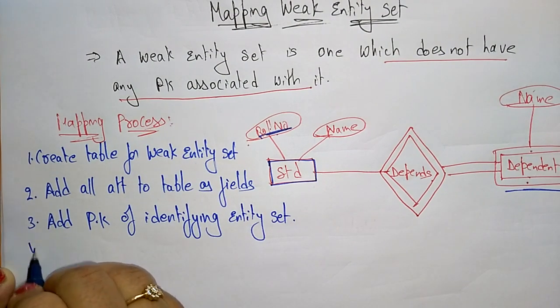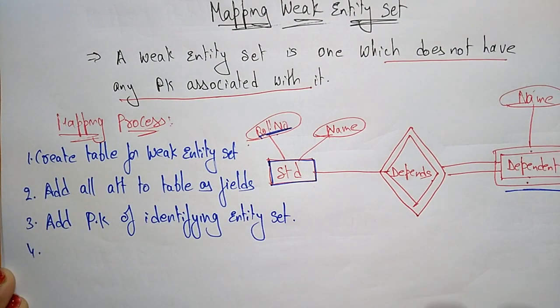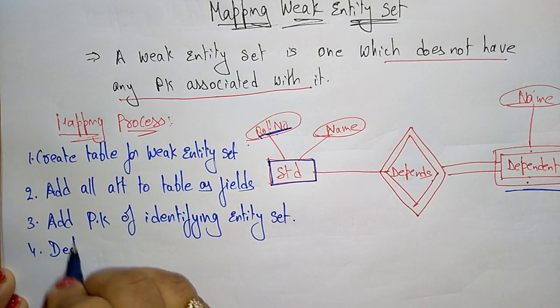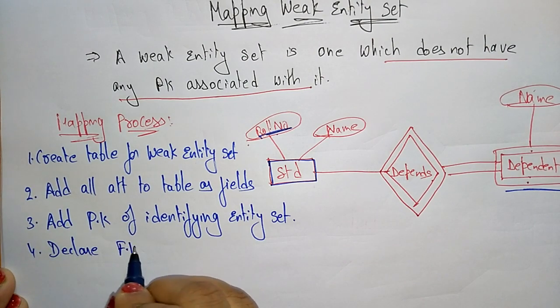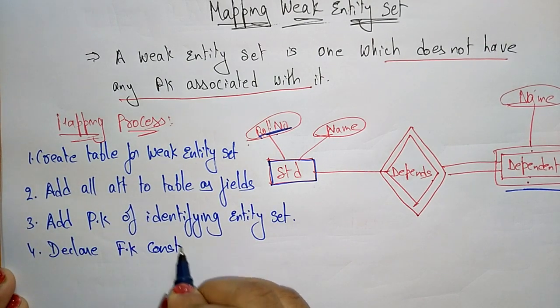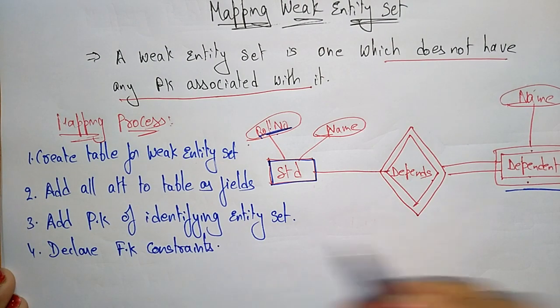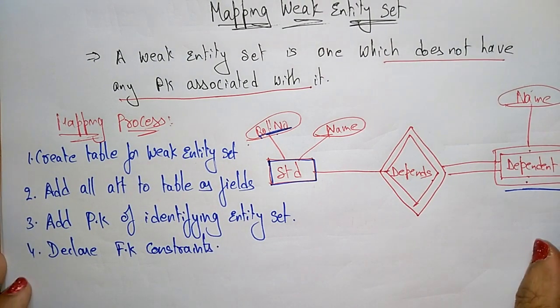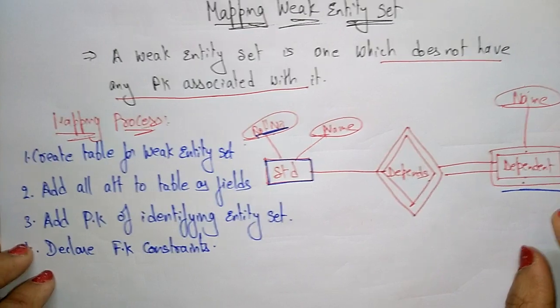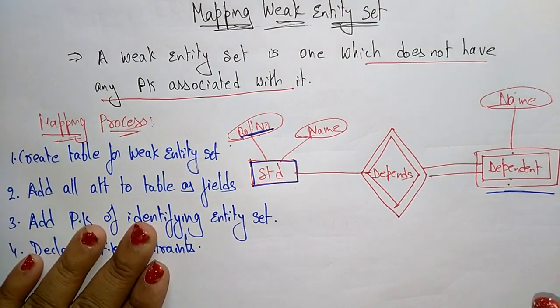Next, declare all foreign key constraints. If it has any foreign key, you just declare the foreign key constraints. So these are the steps you have to follow while creating the mapping for a weak entity set. Okay, this is about mapping weak entity sets.